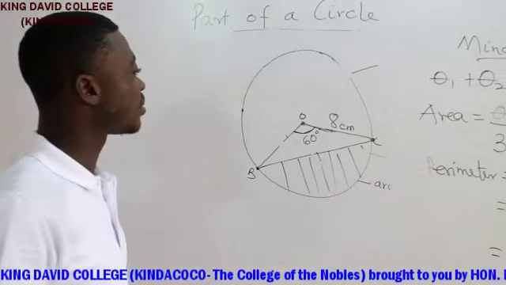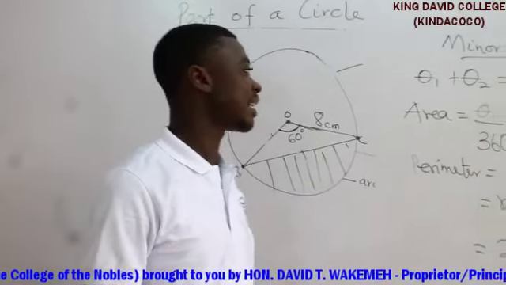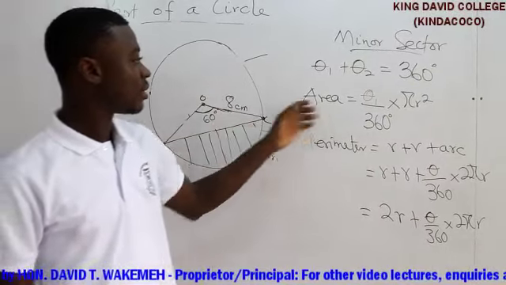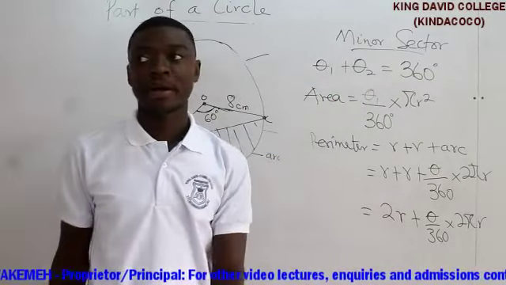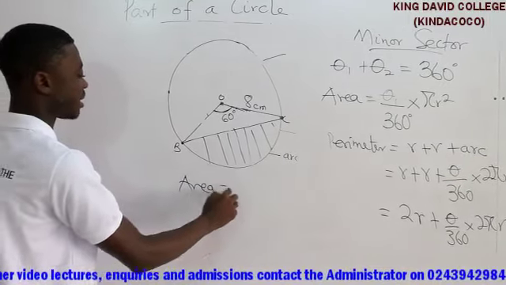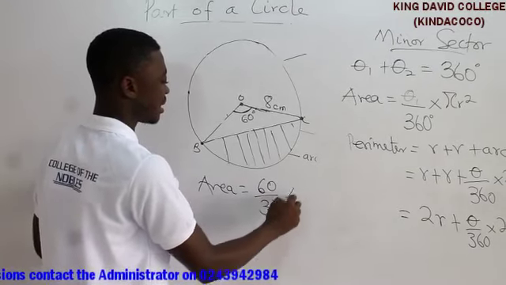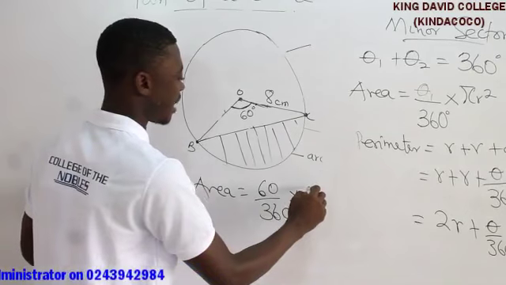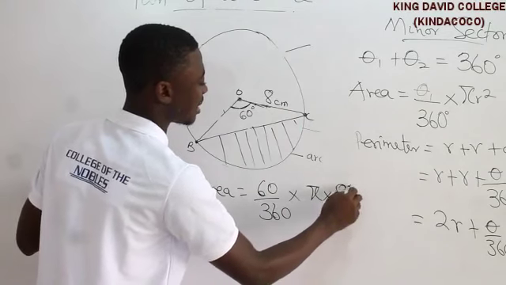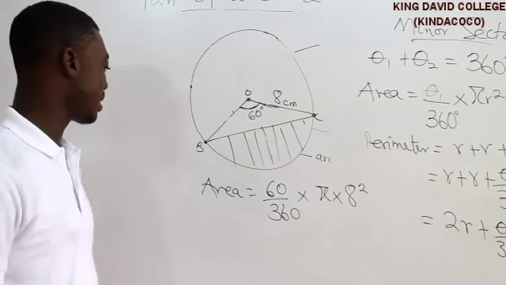So all you need to do to find the area of this minor sector is to call this formula here. We say that the angle given to you for that particular minor sector over the total angle times pi r squared. So then the area in this case is going to be 60 over 360 times pi r squared, which is pi times my radius 8 squared.